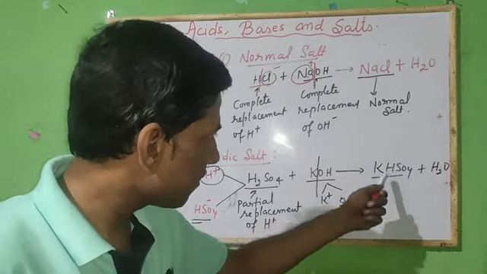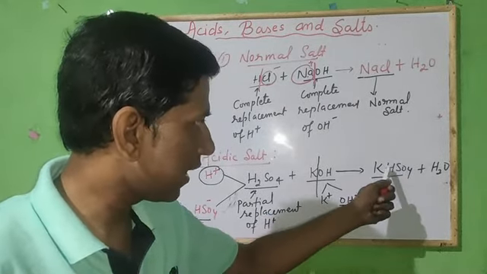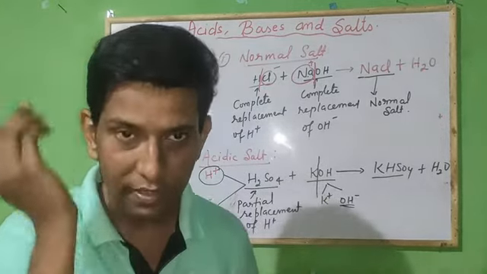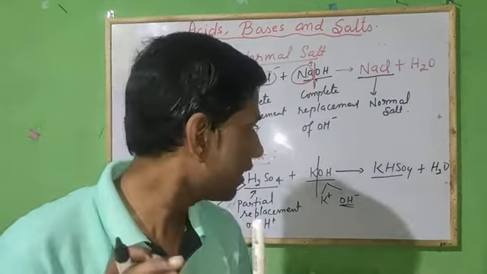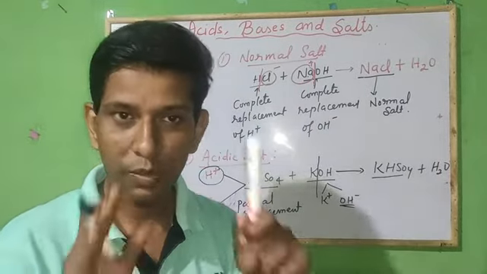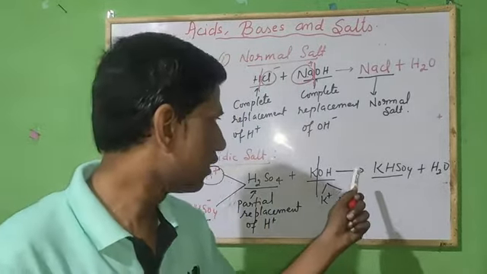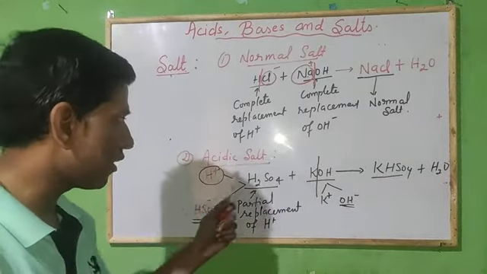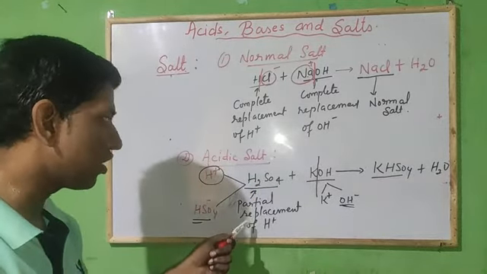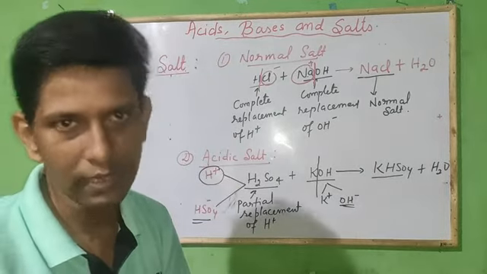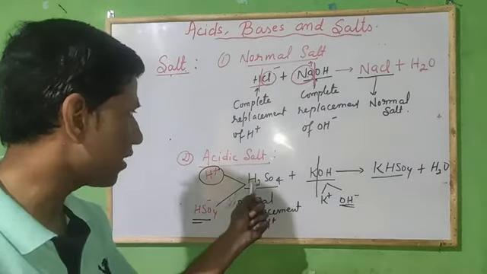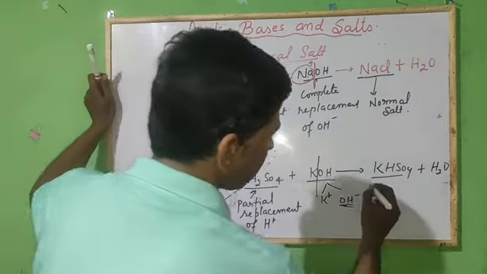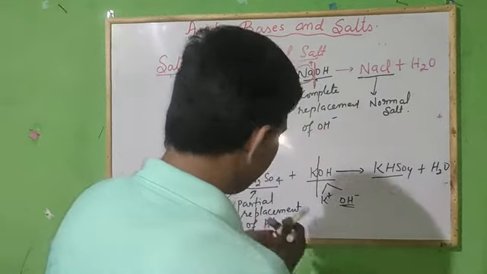Because you can see there is hydrogen in it. KHSO4 is there. So when you see the formula, you can easily understand that this is an acidic salt. If there is hydrogen in the given salt, then definitely it is an acidic salt. Why is hydrogen there? Because in such a salt, partial replacement of hydrogen ion takes place. So one hydrogen remains, and that combines with K plus and forms this salt. This is potassium hydrogen sulfate.